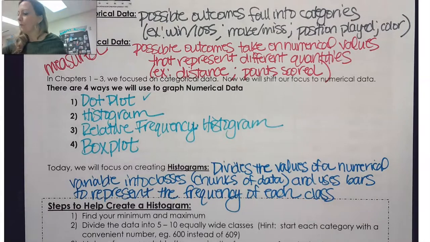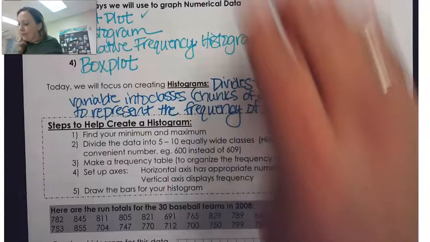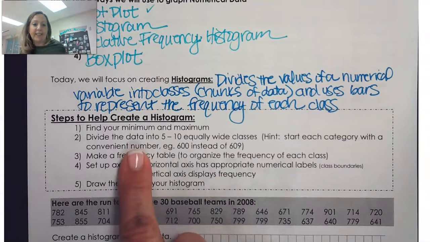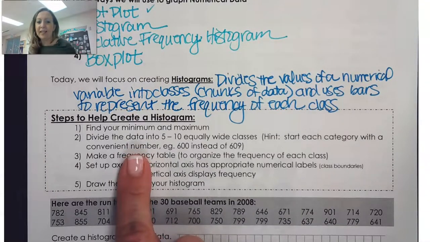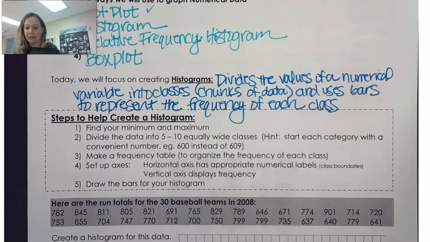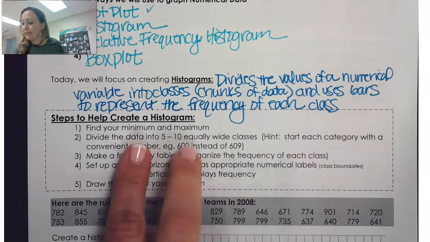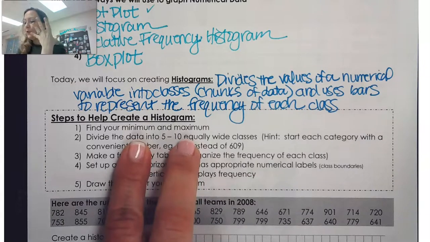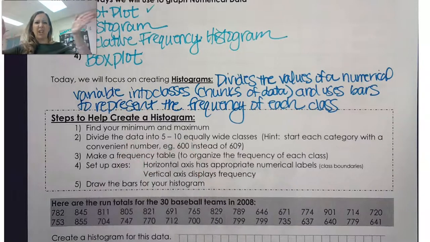Okay, so today we're going to look at these steps to create a histogram. And to do that, we're going to start by finding our minimum and maximum. Our minimum is our smallest value, and our maximum is our largest value. And we do that so that we can tell how big of data we're looking at. Okay.